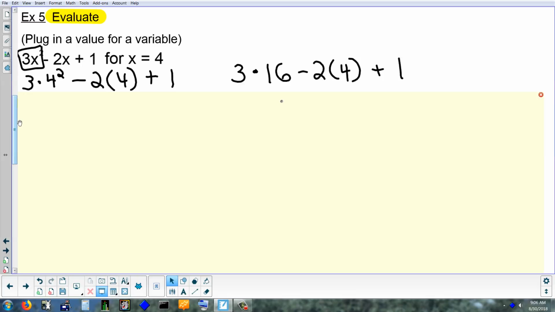Do it left to right. Whatever comes up first is fine. So 3 times 16, you know what that's going to be, Miguel? 42, am I mistaken? 48. At this point where I have the double multiplication, I'm going to do it all in the same step. Alright? So I got the 48.